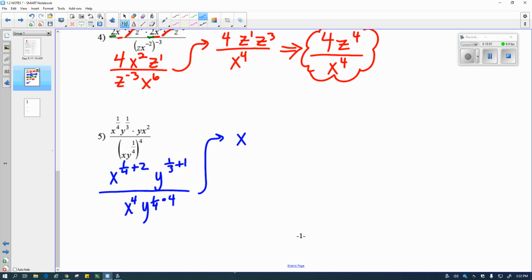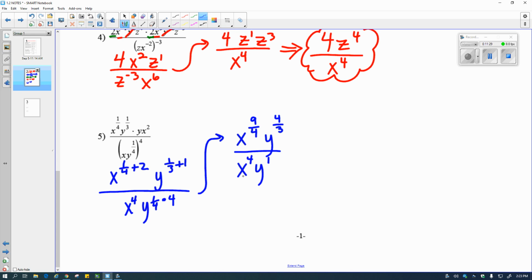X to the 2 1/4, but I always like to write it as an improper fraction, so that's 9/4. Y to the 1 1/3, or 4/3, over x to the 4th, y to the 1st. And so now I'm going to go ahead and do my subtracting of my values here. So I have more x's on the bottom.